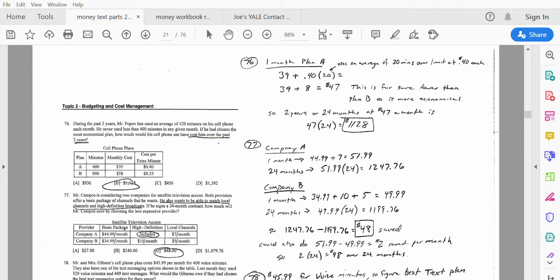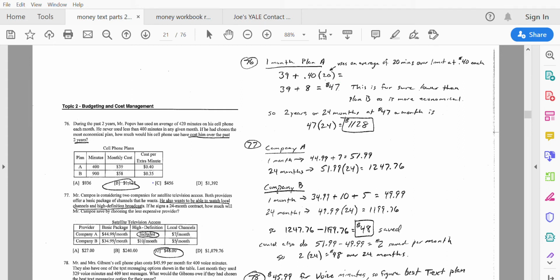So if we look at this, we start with $39. 40 cents times 20 minutes gives us $8. So then it's 39 plus 8 gives us $47 for 1 month for Plan A.